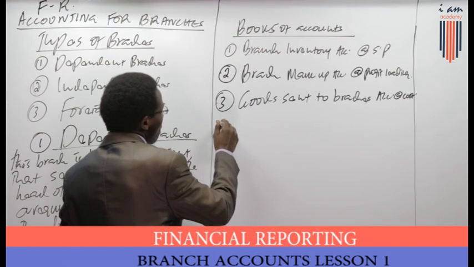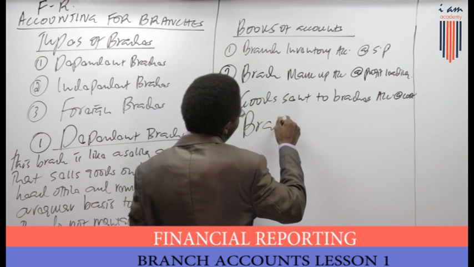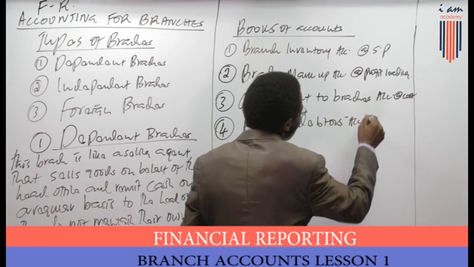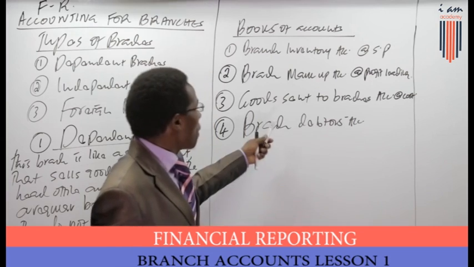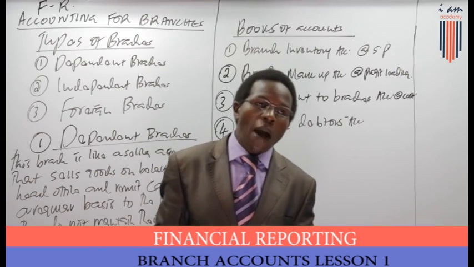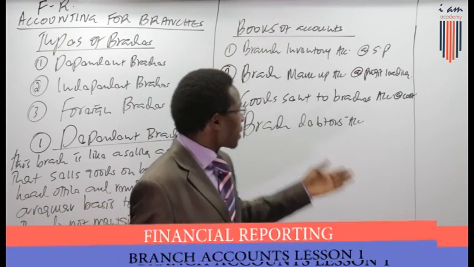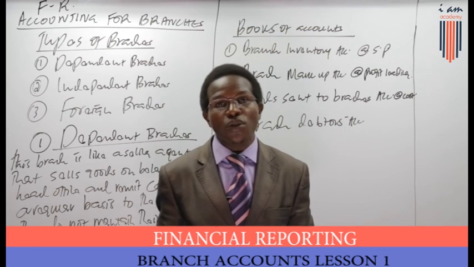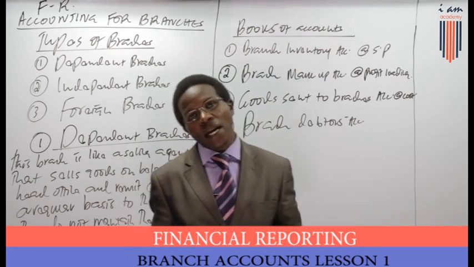Important there. Then number four, we have the branch debtors account. This is maintained at actual price or actual transaction value. A branch will have their own customers as well, so they will maintain a branch debtors account for the credit transactions between the branch and the customers.